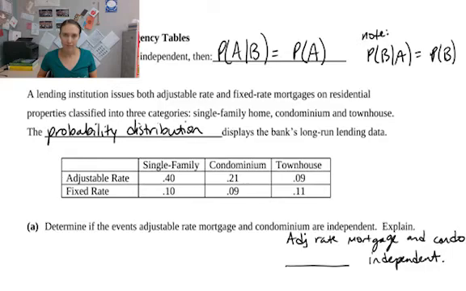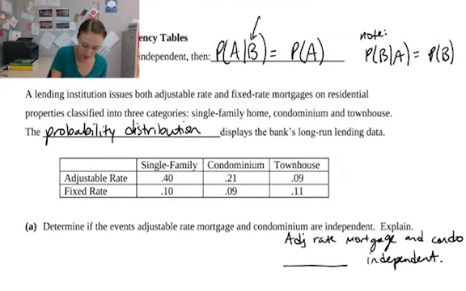Assuming B has already happened, what's the probability that A is going to happen? Well, if that's the same as A happening on its own, then B happening had no effect on the probability of A. That's the definition of independence. Two events are independent if one of them happening has no effect on the probability of the other.